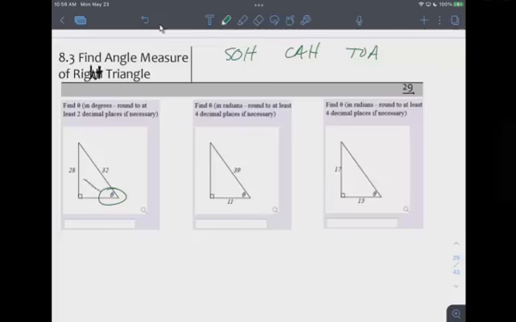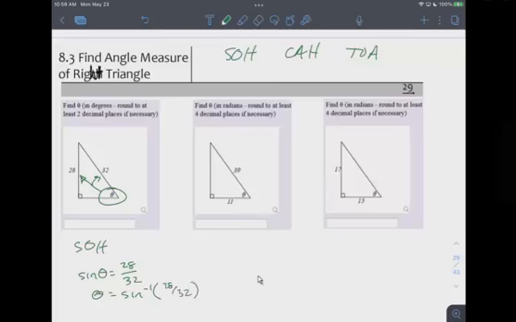With respect to this angle, we have the opposite leg and the hypotenuse. Which trig ratio relates opposite and hypotenuse? Sine. So we know that the sine of theta is equal to 28 over 32, which is a ratio, and it is a decimal answer. And so if we want to find theta, then we take the inverse sine of that ratio.